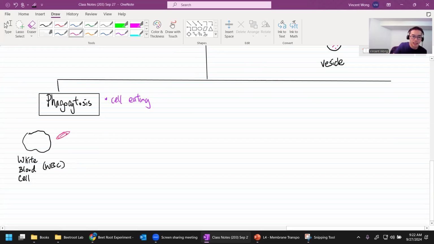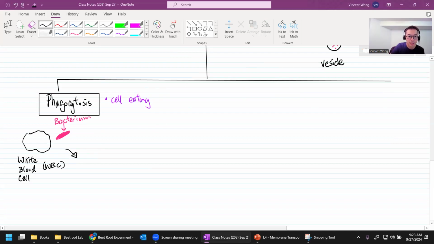So let's say there is a bacterium. Bacterium is singular for bacteria. And your white cell is going to see the bacterium and it's like, oh, it does not have the same ID tag as the rest of the cells in the body. That means it does not belong here.